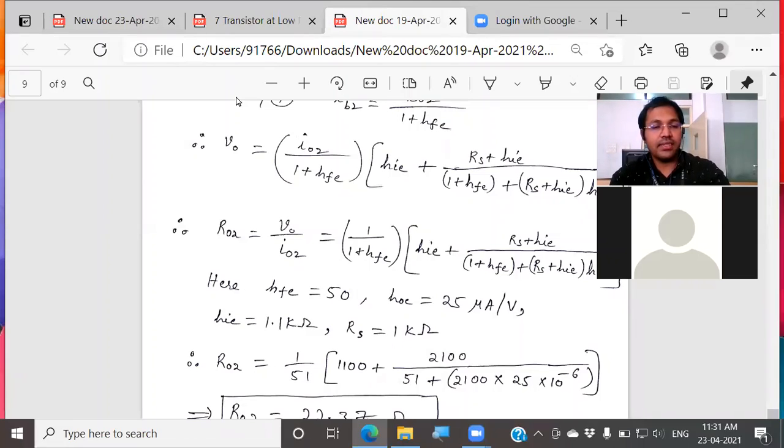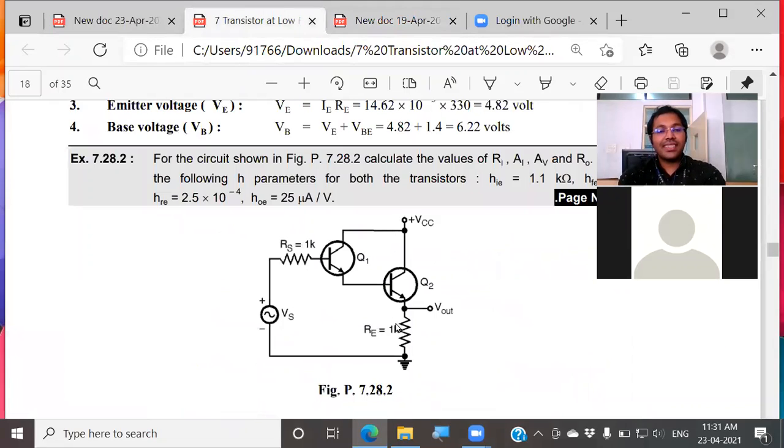What is the formula for two resistors in parallel? R1 R2 by R1 plus R2, isn't it? So Ro is Ro2 parallel with RE. RE is the load resistance here.